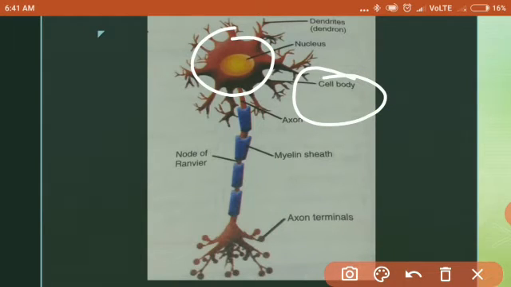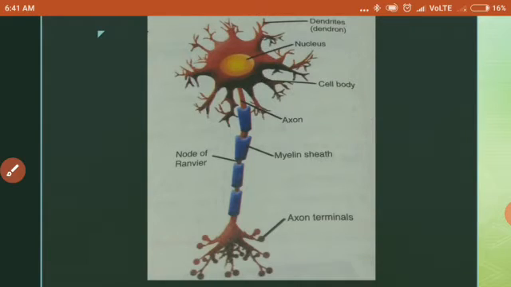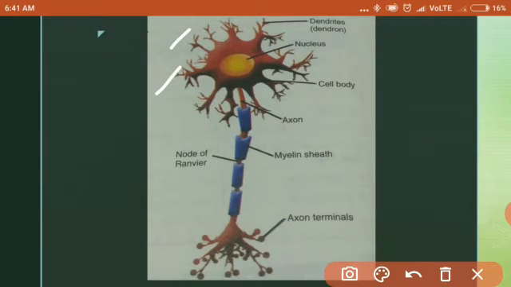In the cell body, all the specific organelles are present, and so is the nucleus, which is spherical in shape. Then this cell body in a neuron gives out some extensions, which is different from other cells. It gives out fibrous extensions. Why does it give out these fiber-like extensions?